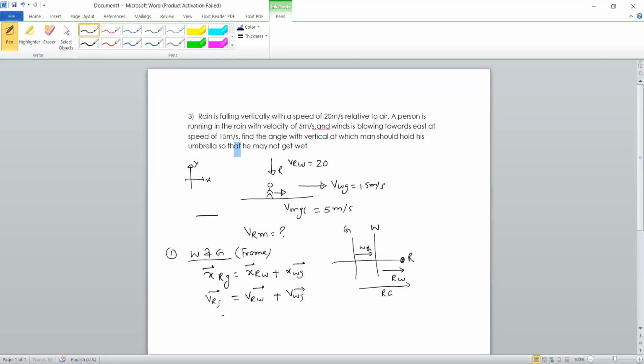Okay, so let's break this into components. We may write that VRGX is equal to VRWX plus VWGX, and the other component, VRGY, is equal to VRWY plus VWGY.